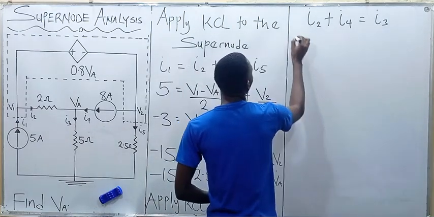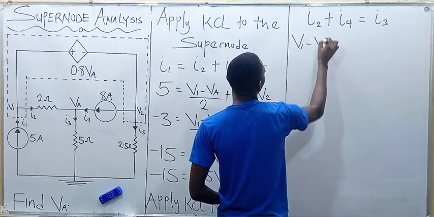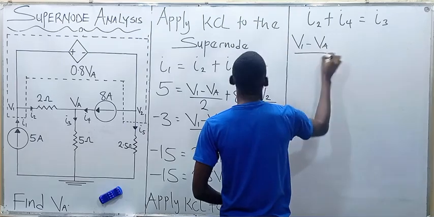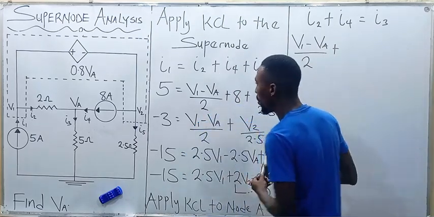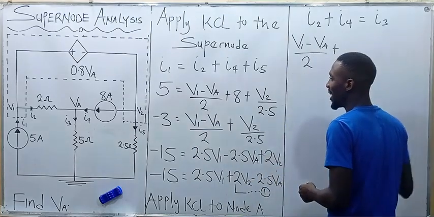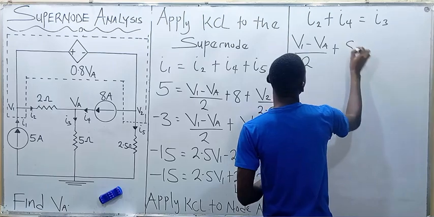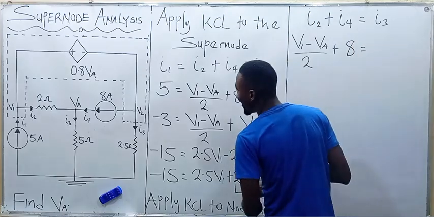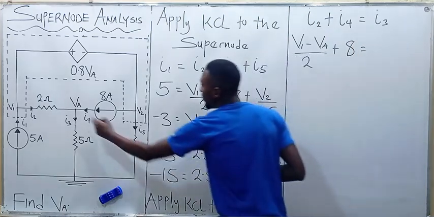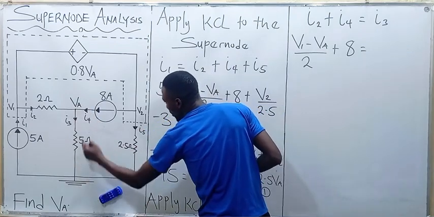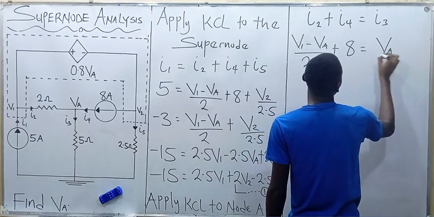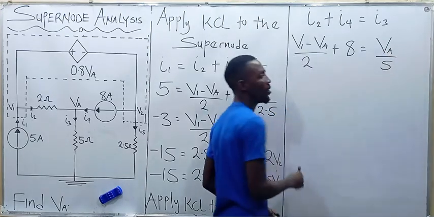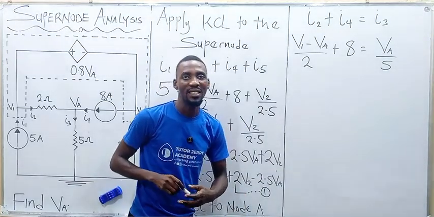It's going to be V1 minus VA all over what? All over 2 plus our I4. Our I4 is the same thing as what? 8. So it's going to be 8 equals to I3. Our I3 is going to be VA minus 0 all over 5, which is VA all over 5. I hope you understand this.